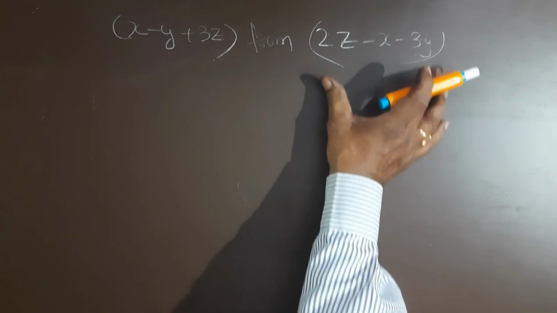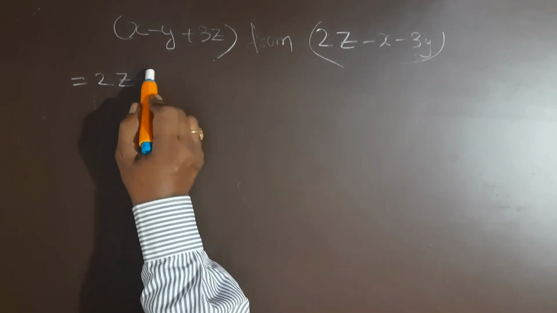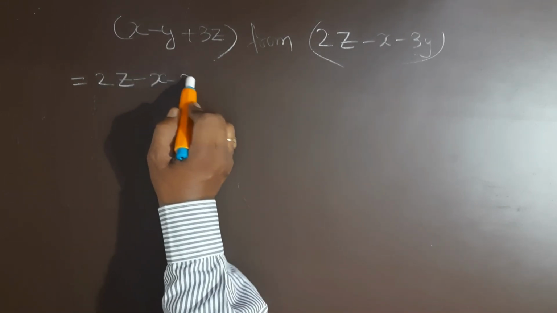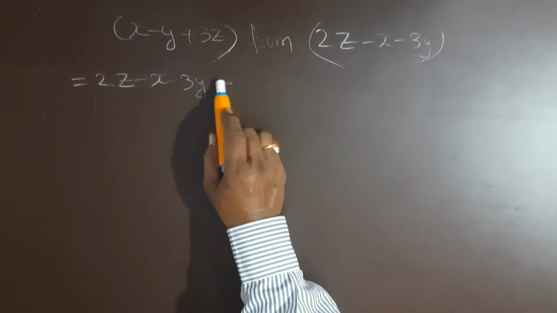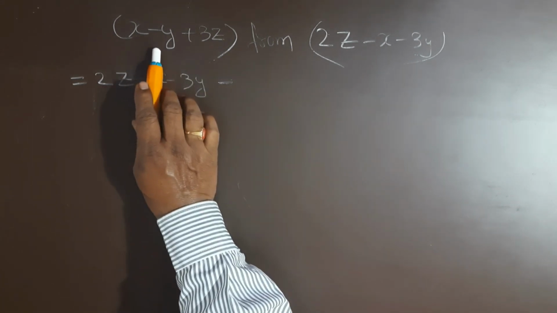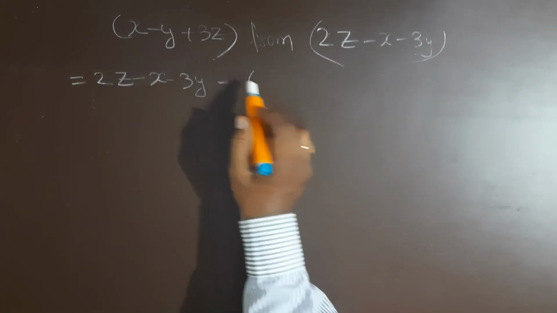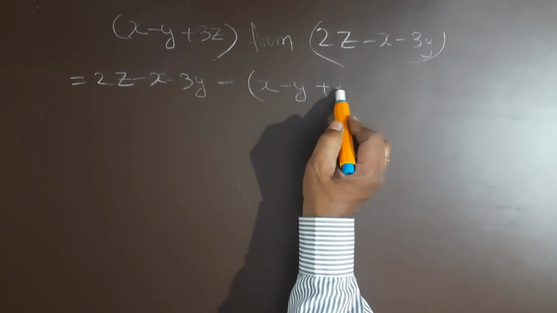What we will do, as it is "from", है बोल के, this one we will bring first by giving is equal to sign. 2z minus x minus 3y minus. If you write minus, you have to bring this one under bracket. So give the bracket x minus y plus 3z.